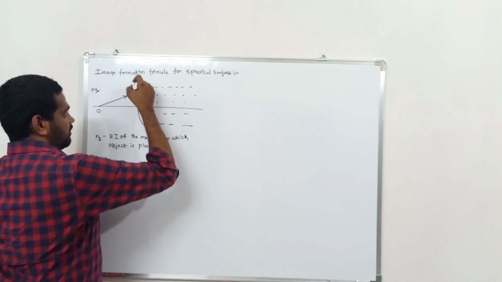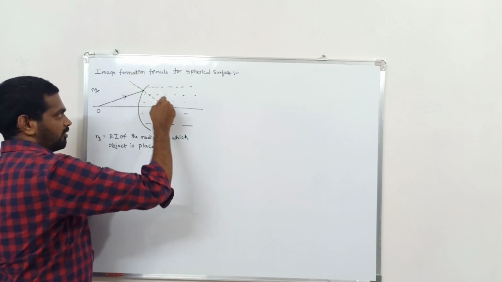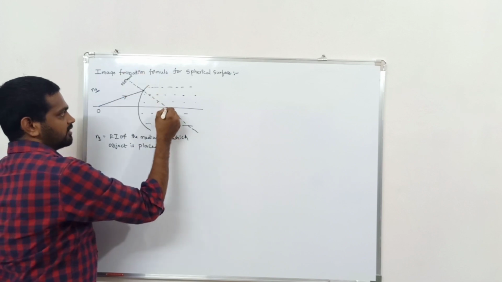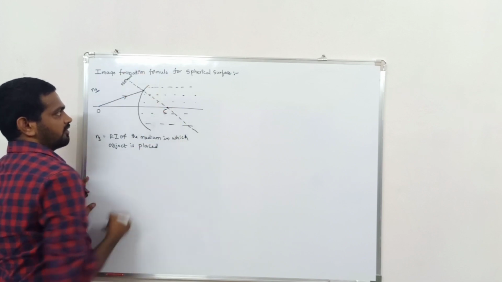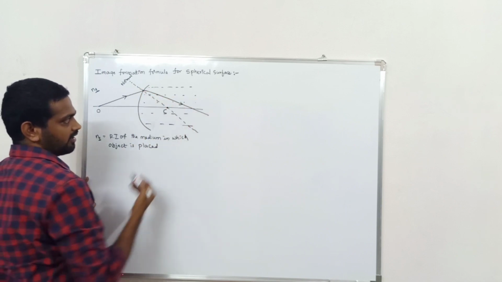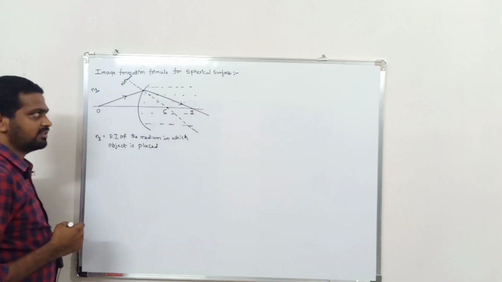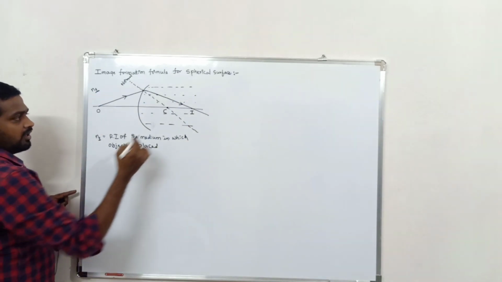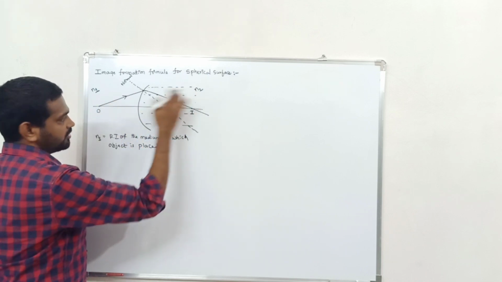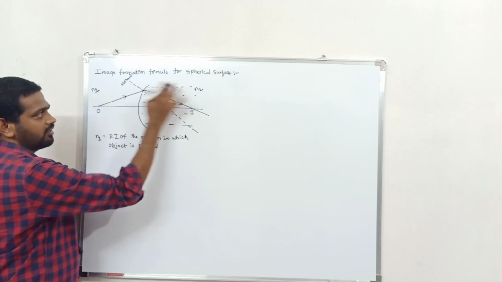So here this is the point of incidence. Here you will get the normal, which I explained in the previous video. This is the normal, and this point is the center of curvature, and you will get the refracted ray towards the normal. Let us consider you got the image on the principal axis as I showed. Is it clear? And let us consider the refractive index of the medium opposite to the medium of n1, that is n2.